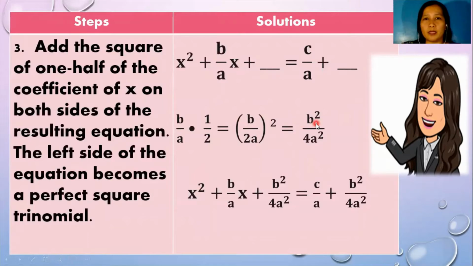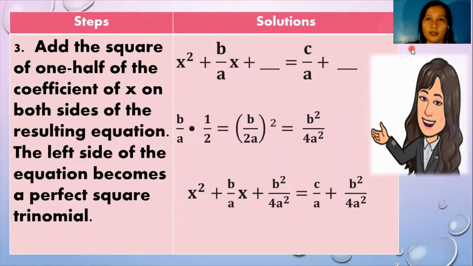B times b is b squared. Then 2a times 2a is 4a squared. So our equation now is x squared plus b over a x plus b squared over 4a squared is equal to c over a plus b squared over 4a squared.